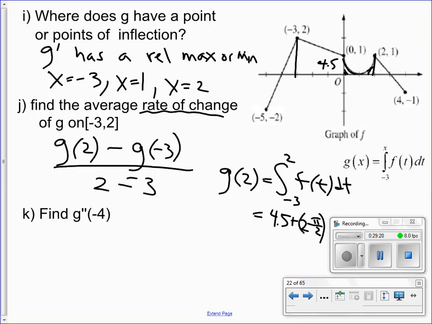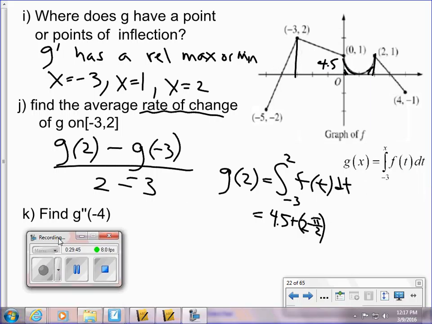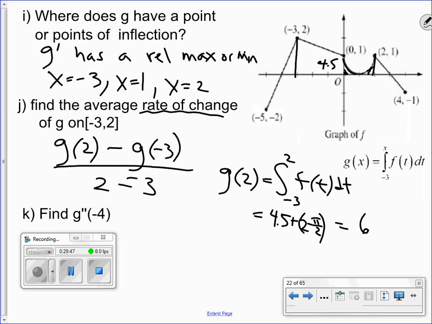The area of this piece over here was the area of the rectangle, which was 2, minus the area of the semicircle, which was pi over 2. So the area of this was 2 minus pi over 2. We add 4.5 to 2 minus pi over 2, so we have 6.5 minus pi over 2. That's what g of 2 is.